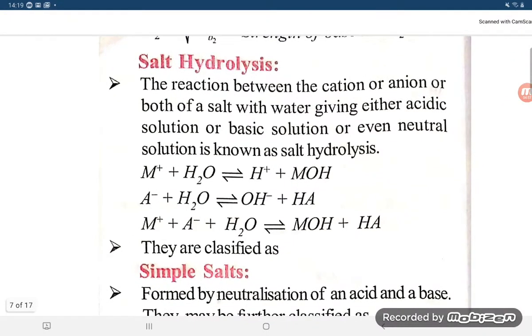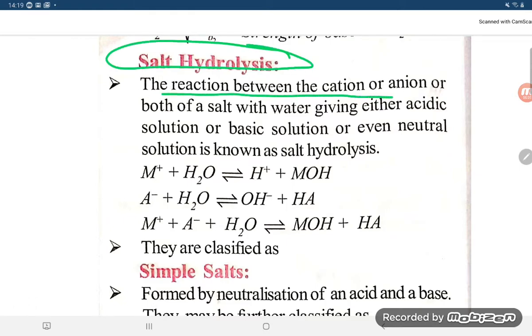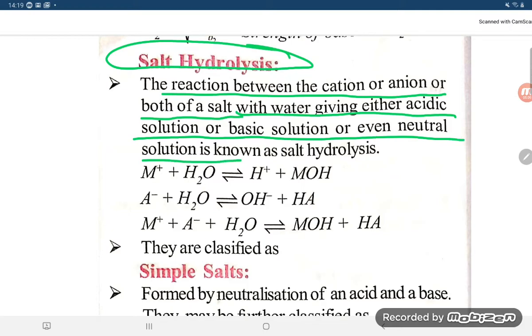Right, now we can see salt hydrolysis. The reaction of the cation or anion or both of a salt with water, giving either an acidic, basic or even neutral solution, is known as salt hydrolysis.